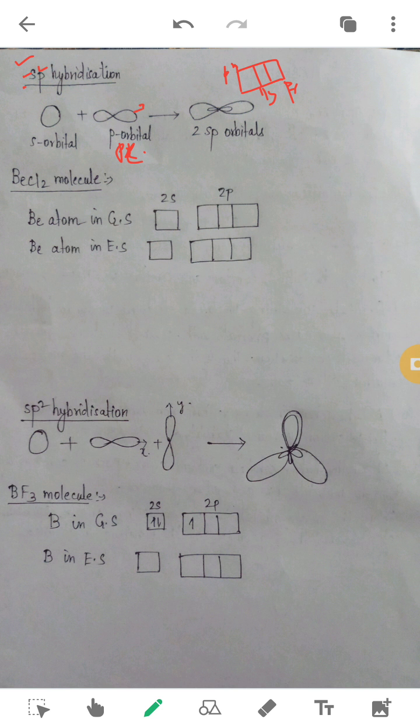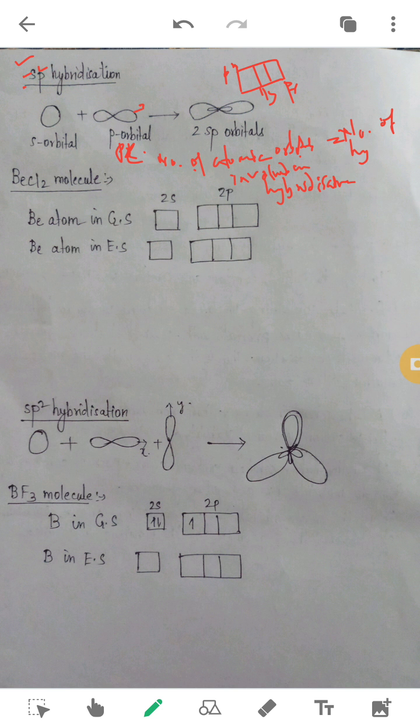Whenever these two orbitals mix with each other, two hybrid orbitals are formed. Another most important point, please remember this: the number of atomic orbitals involved in hybridization will be equal to the number of hybrid orbitals formed.